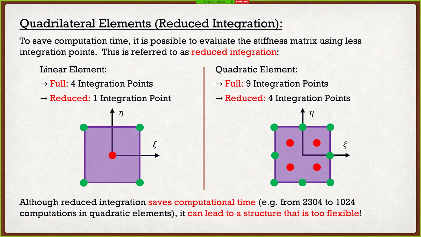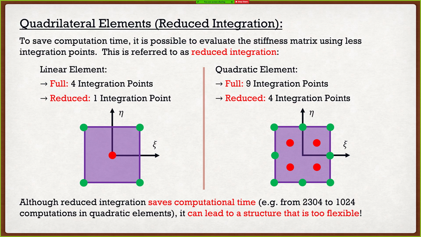So although reduced integration saves computational time, in the case of a quadratic element from 2,300 computations to about 1,000, it leads to a structure that is actually too flexible. Too flexible. We're going to talk about this more on the last slide.